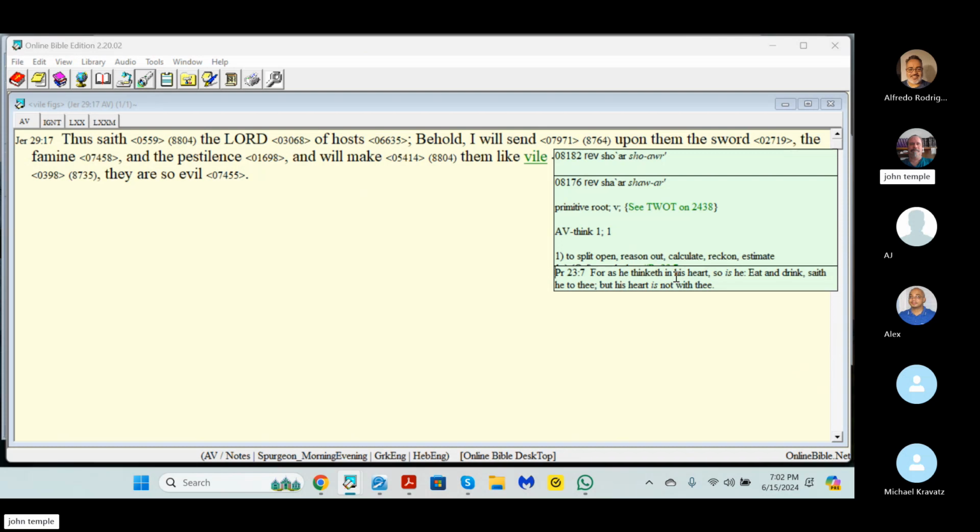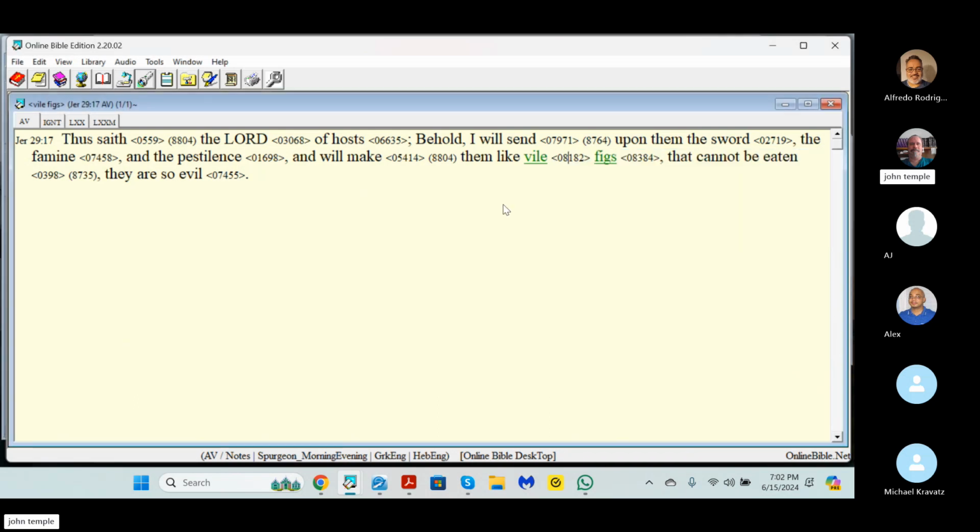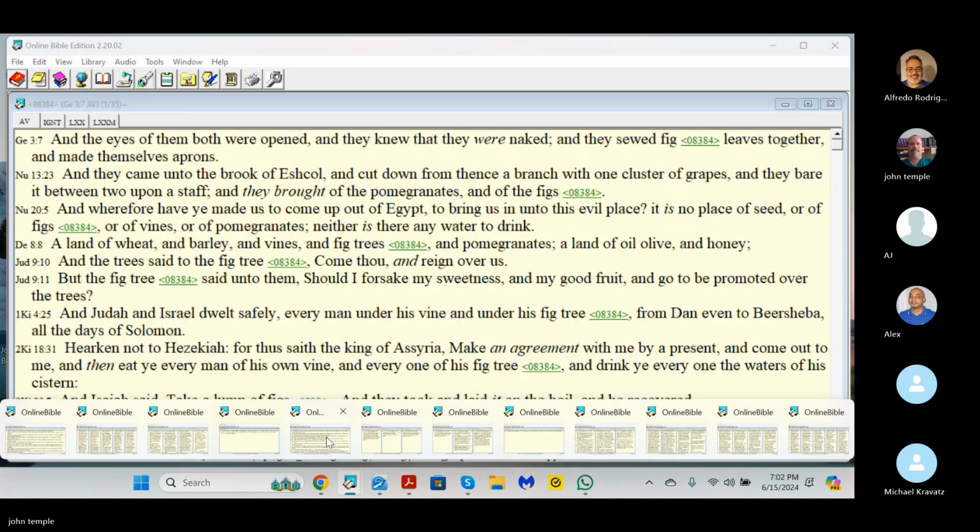Eat and drink, saith he to thee, but his heart is not with thee. I don't know how they're connected, but they are. They cannot be eaten. They're so vile. All right. And then let me read on down here. In Micah 7:1, though the Septuagint, which deviates from the Hebrew, is doubtful whether protogona refers to the fruits of the fig tree, and we read that already, and that's the first ripe fruit.